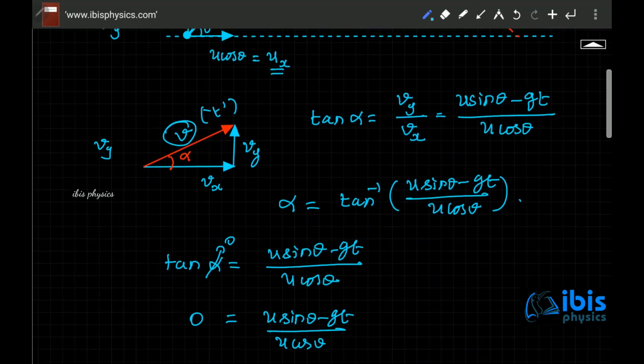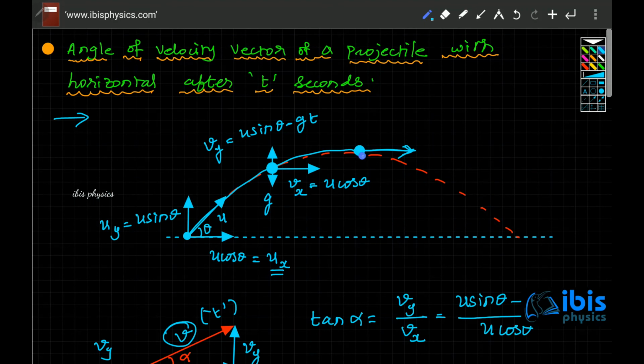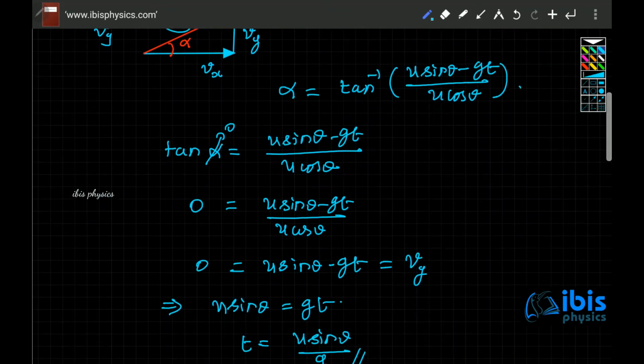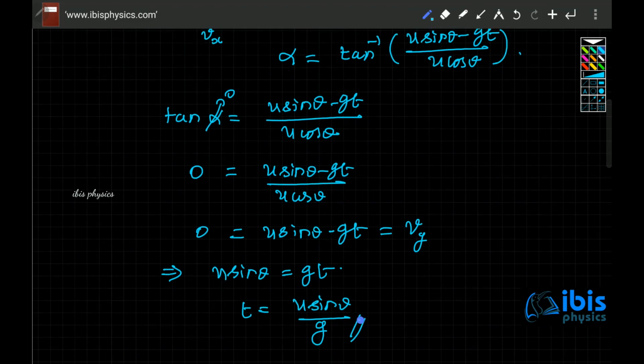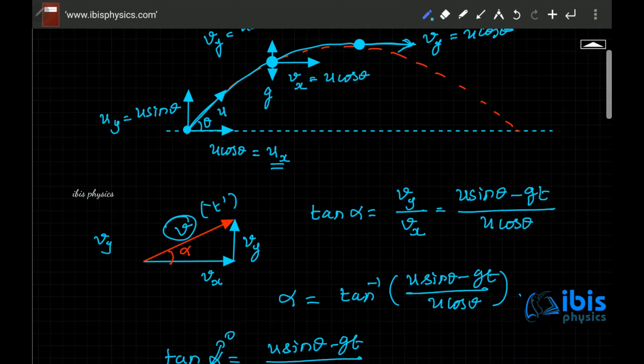So from this relation, at the highest point the vertical velocity is 0. Because the vertical velocity is 0, the only velocity that exists is the horizontal velocity vx, which is nothing but u cos theta. So it is parallel to the ground. That means it makes 0 angle with the horizontal direction. For that, the time taken is u sin theta by g, the time taken to go from here to here.